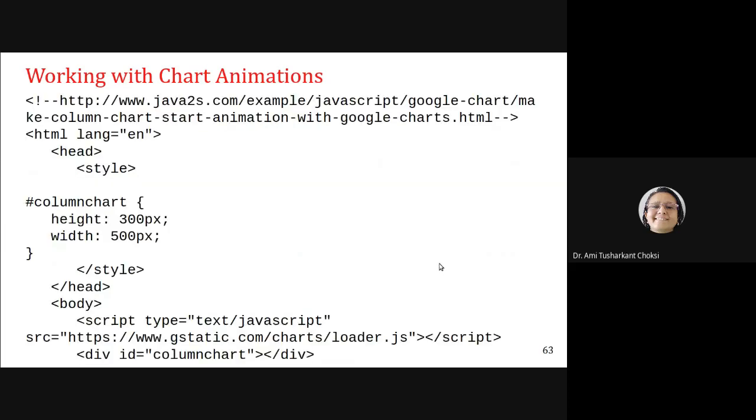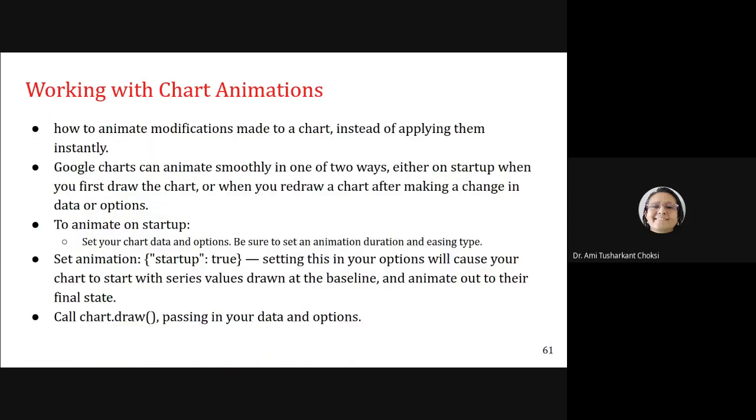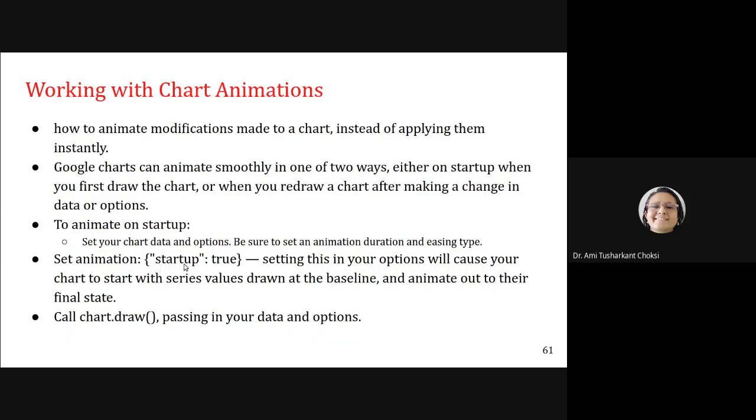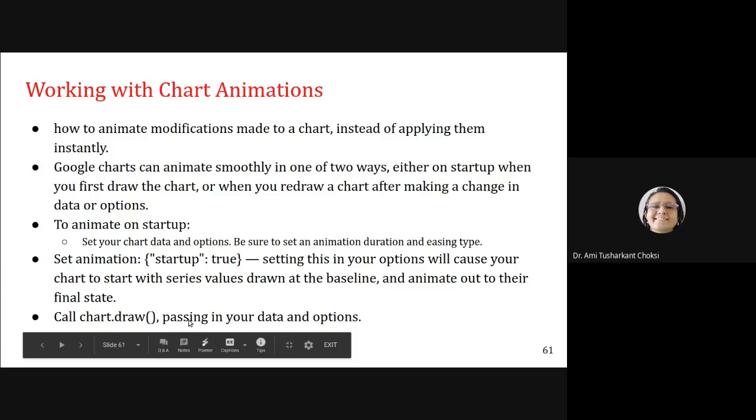Let's see one example so we can have the idea what we are doing for animation, right? We need to specify animation. How do we specify that? That is startup: true, right? This is what should be there, and this chart.draw also should be there. And what else? The animation duration and easing type.